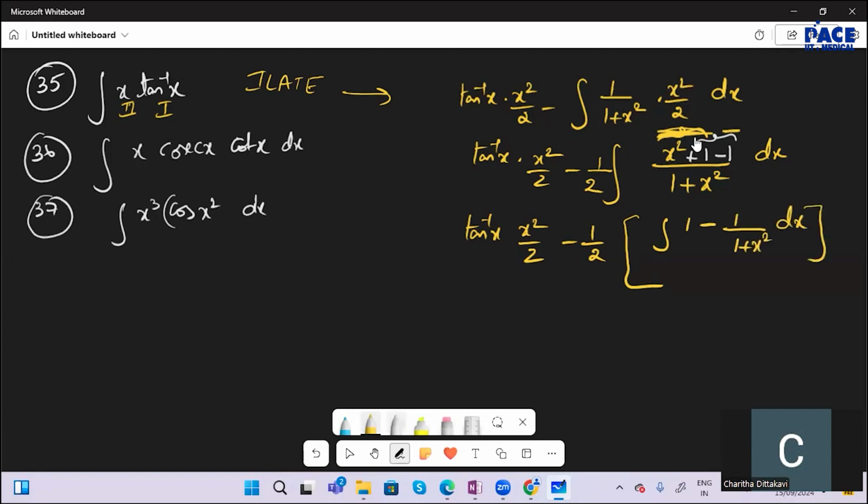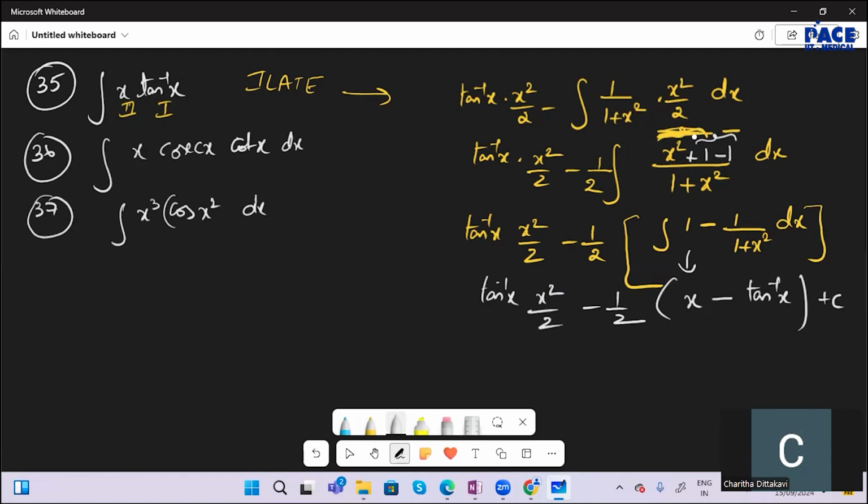Clear? So the answer for this is integral of 1 is x, minus integral of 1 by 1 plus x square is your tan inverse x, plus c anyhow, and the rest all remains the same. That is what you can write. Clear? So that will be your final answer. That is for the 35th question.